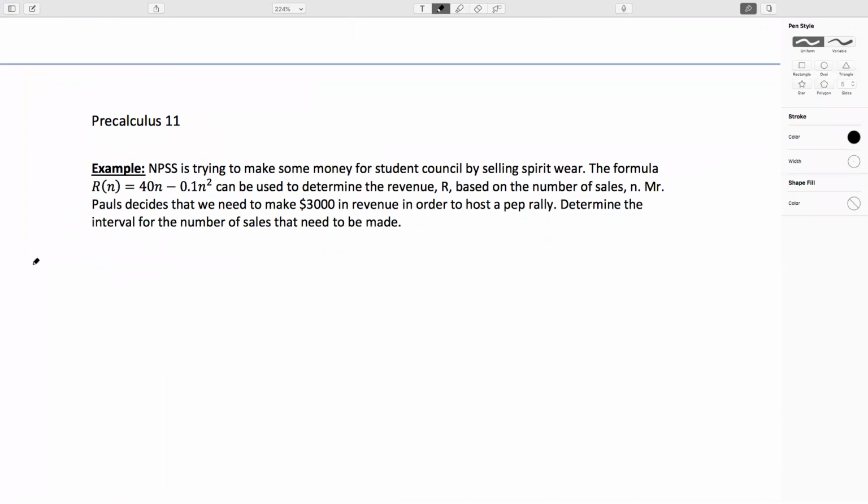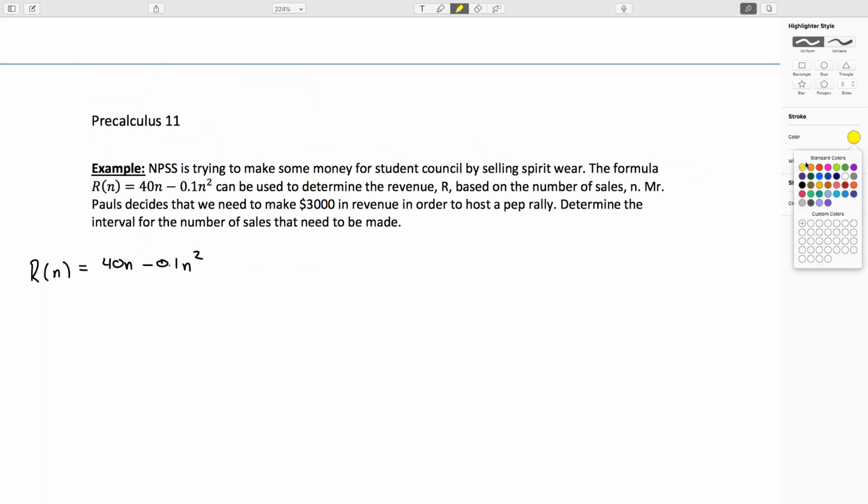Okay, so we've got this function, R as a function of n equals 40n minus 0.1n squared. We know that the revenue R is going to be how much money we make, and n is going to be the number of sales we make, okay? And now you might think, well, the more sales you make, the better. But in this case, it might not work out that way. There might be like a sweet spot where if we sell a certain amount, we're going to hit our goal.